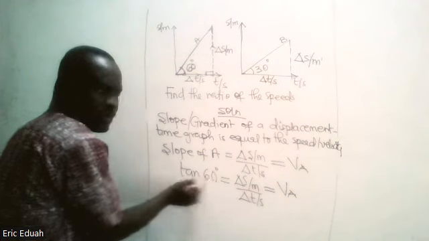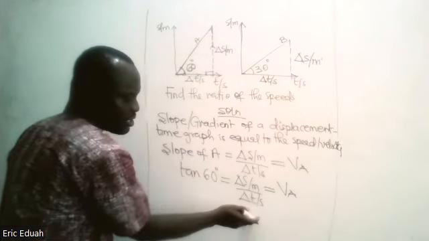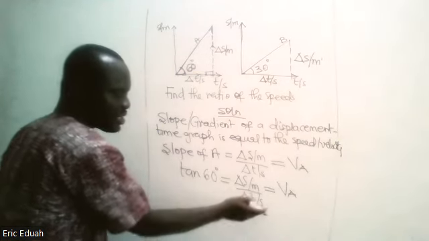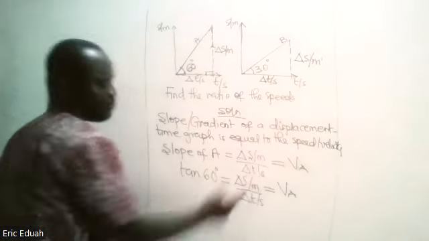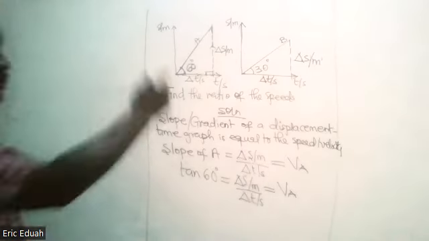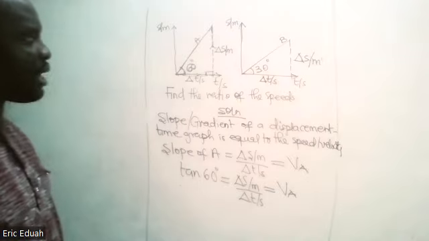We must say that this trig ratio must be equal to the velocity of A because the velocity of A is equal to its slope. Let's apply it to the second graph.